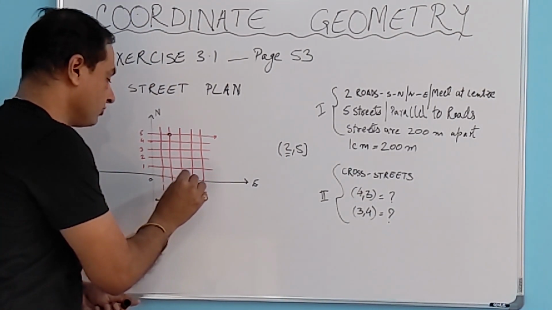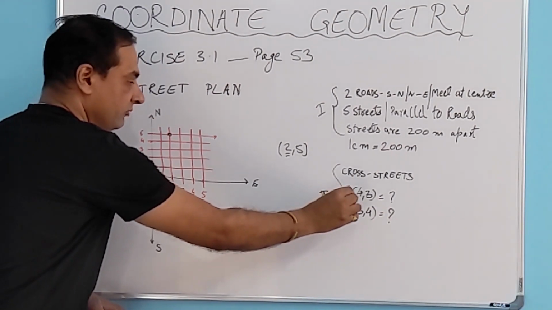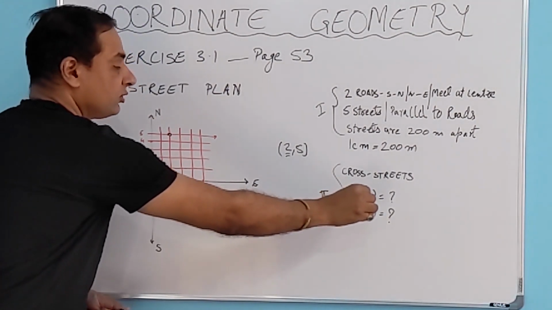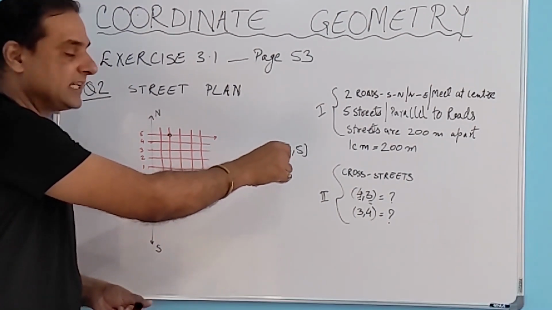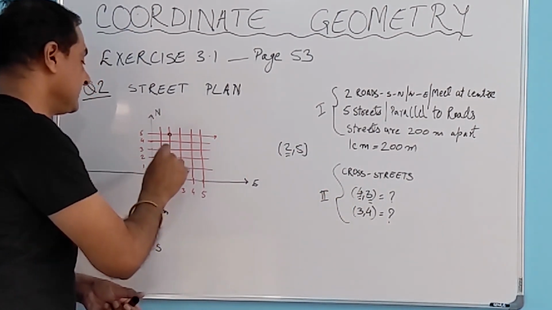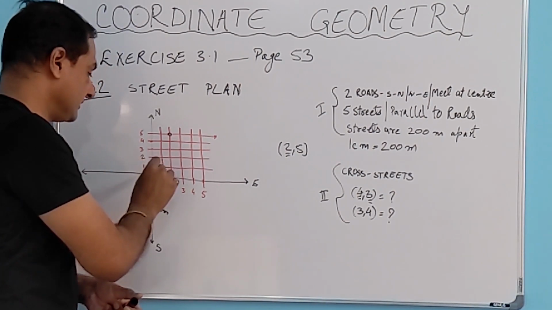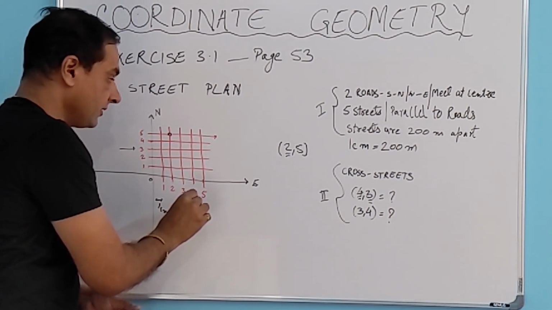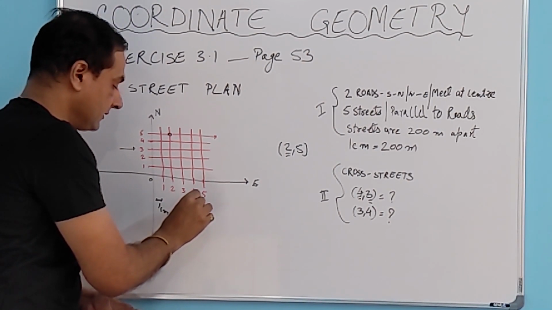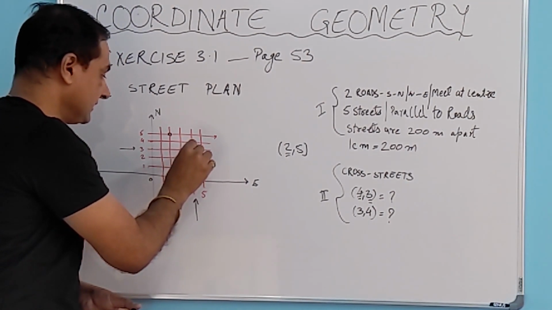So we say 1 2 3 4, this is the street over here, and then 4 comma 3. The second number is the street which is running east to west. So 1 2 3, this is the street and this is the fourth one. So they intersect over here.